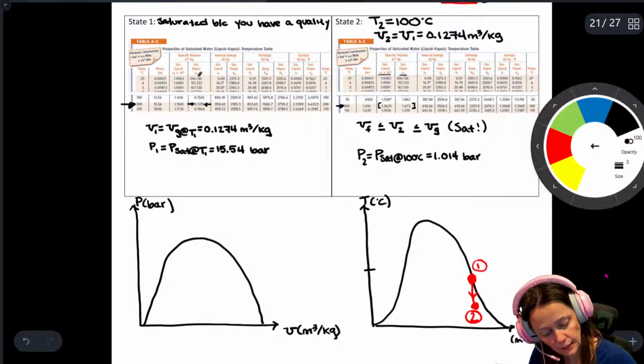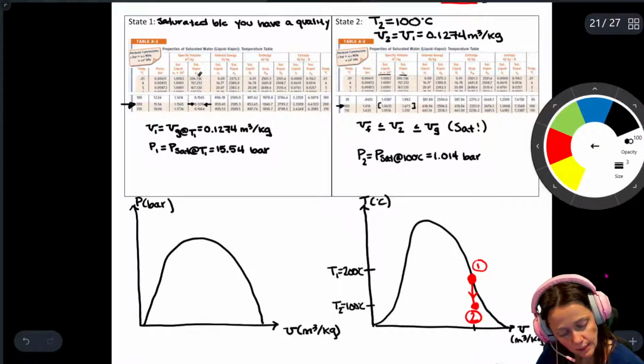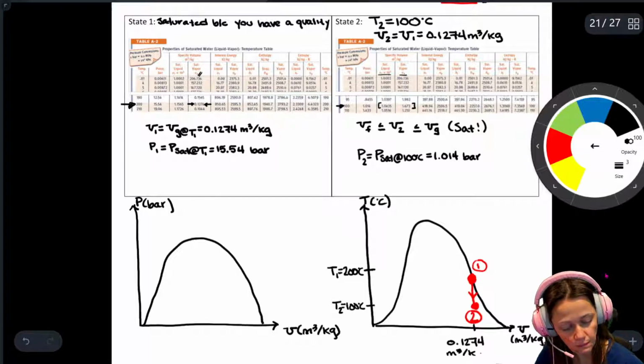So my T1 is at 200 degrees Celsius, and then our T2 is 100 degrees Celsius. And then V1 and V2 are both 0.1274 meters cubed per kilogram.